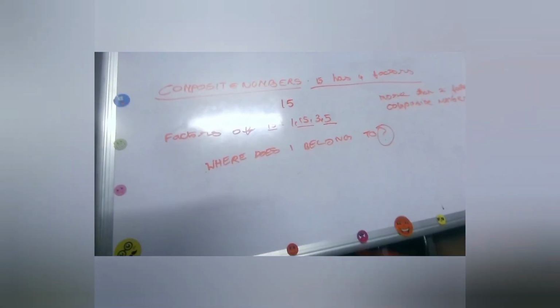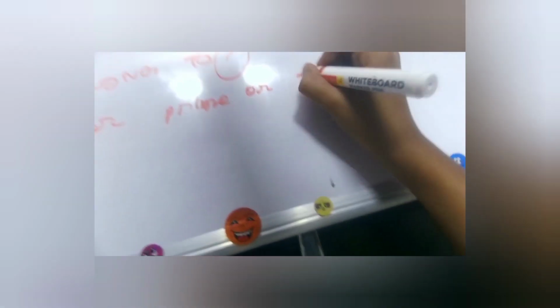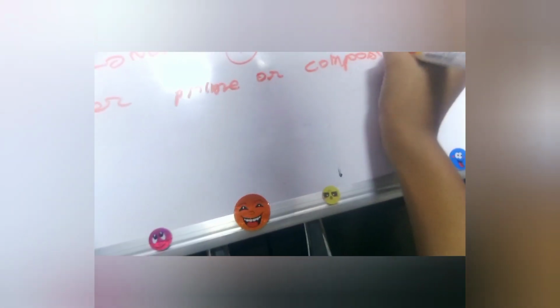So, for now, mathematicians have said that 1 is neither prime nor composite number. So if someone asks you, is 1 a prime number or a composite number, you have to say this.